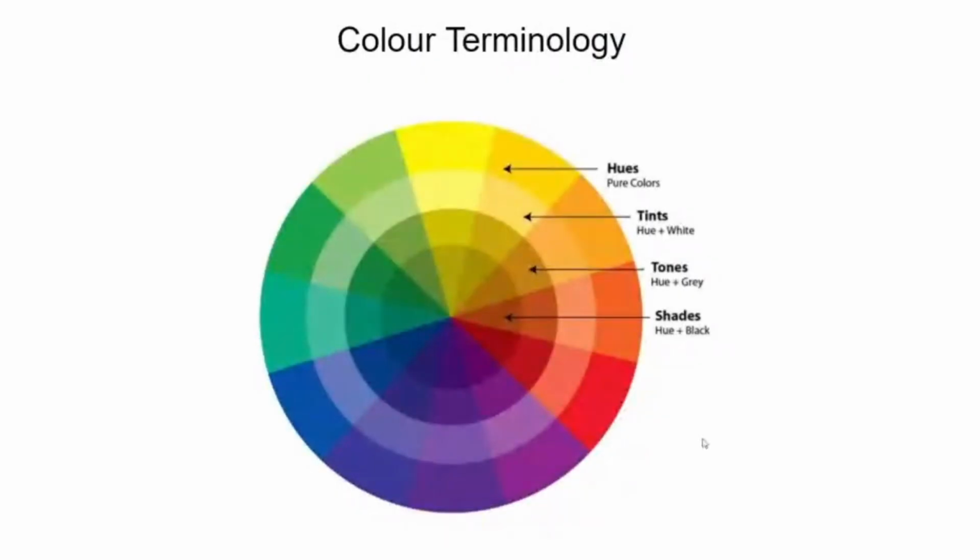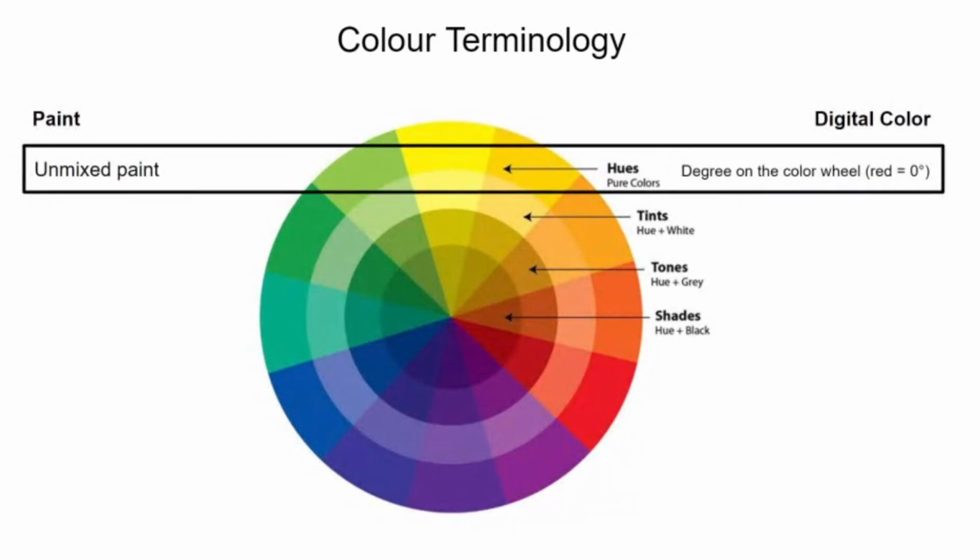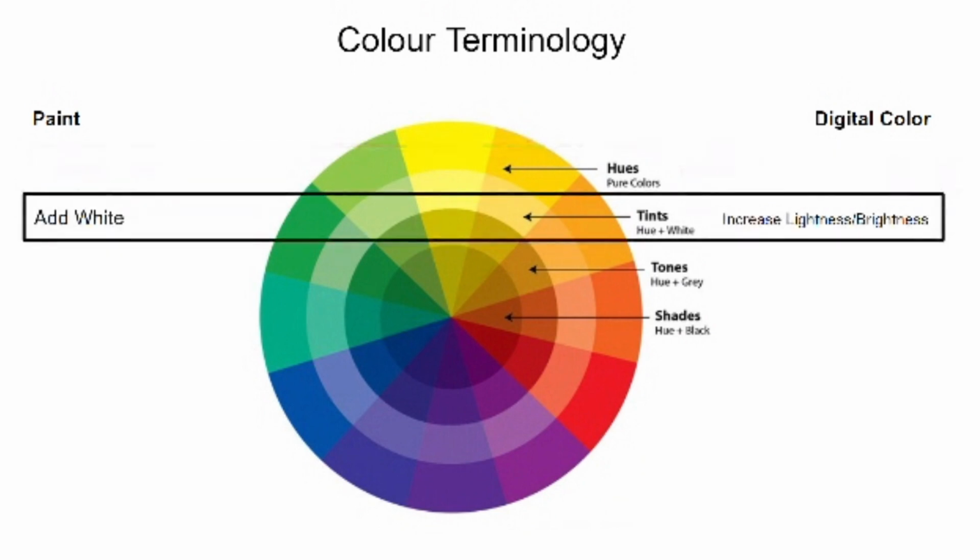All right, so the different kinds of color terminology for different media. So we have pure color or a hue, which in paint is just a regular unmixed paint. And in digital color, it's the degree that you are along the color wheel, where 0 is red. A tint is when you add white to your paint, or in digital media, when you increase the lightness or brightness, or also sometimes called value.